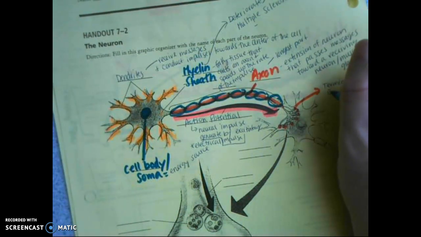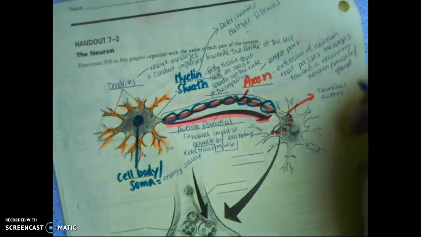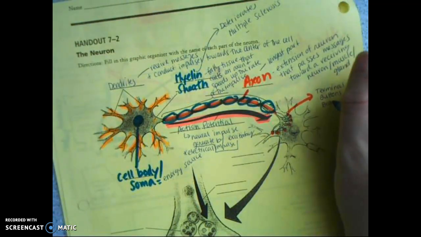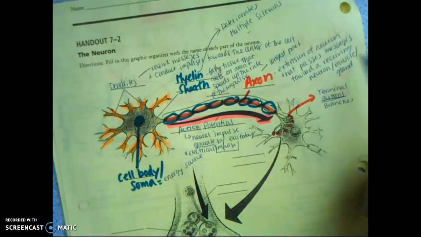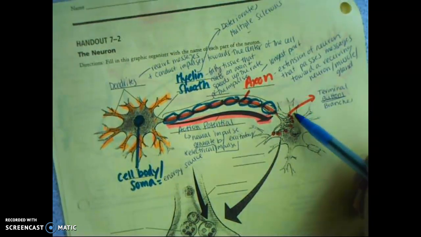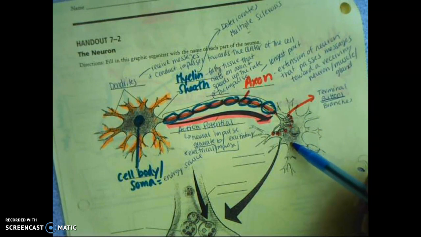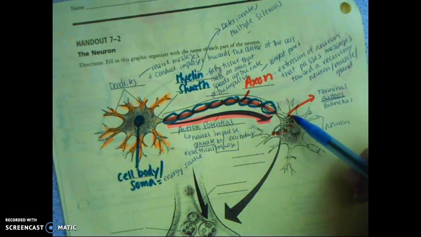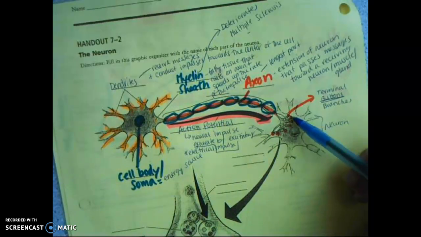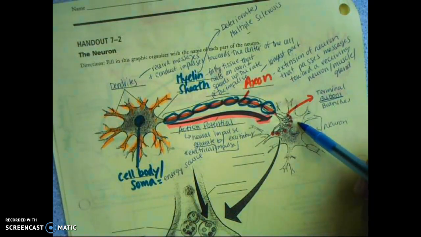And the terminal buttons are on the branches, right? Terminal branches, they have the buttons. And if you notice, this right here is the outline of another neuron. This is a second neuron. So you can see that the terminal buttons look like they're touching the next neuron, when in fact they're actually not. Okay?